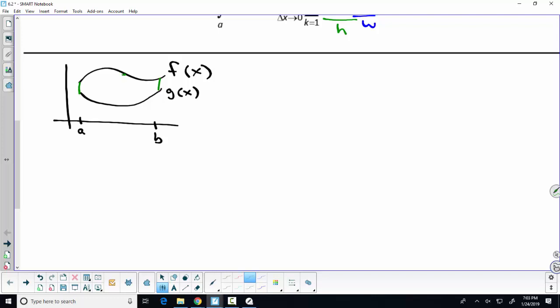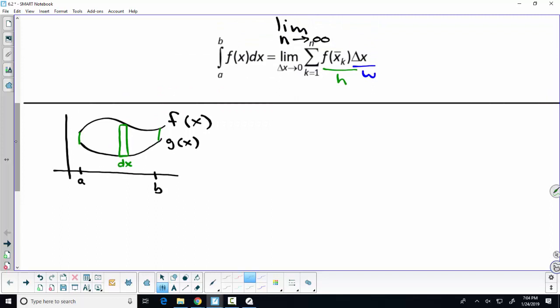Let's look at this rectangle here. The rectangle that we're looking at has a width in the x direction. So we think about that as dx, some small infinitesimal measure in the direction of x. So really in this integral formula, the width of each rectangle stays the same. However, the way we measure the height of each rectangle is different.